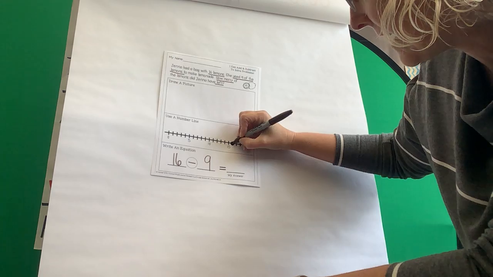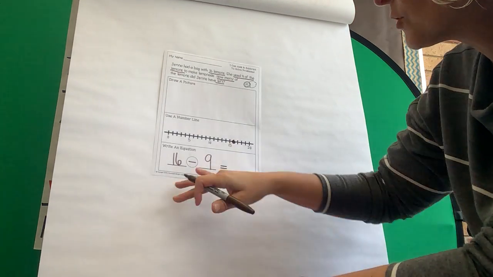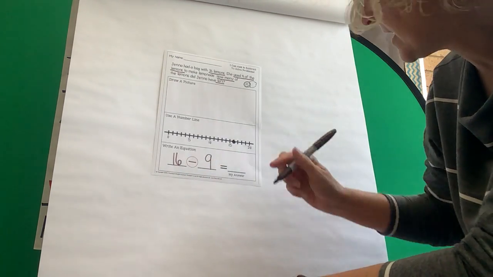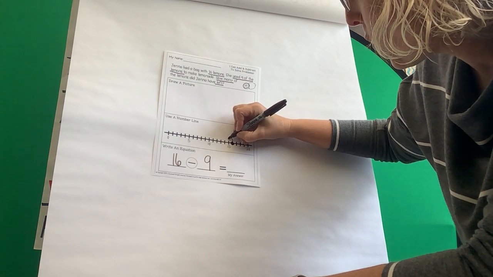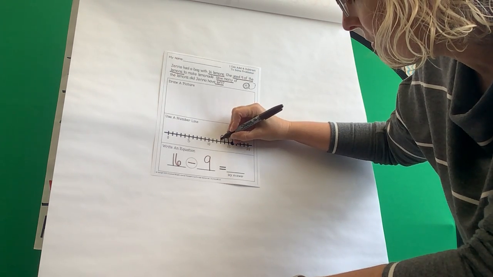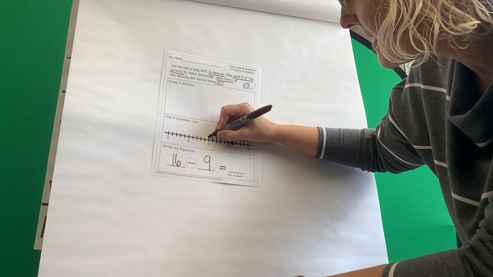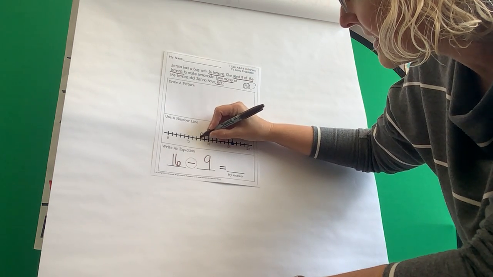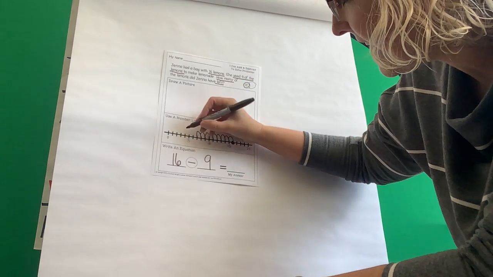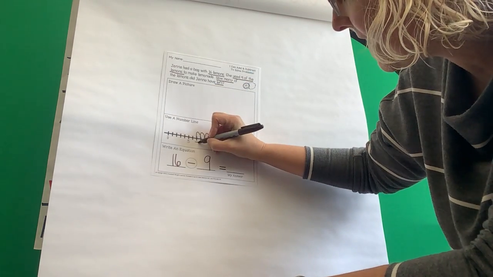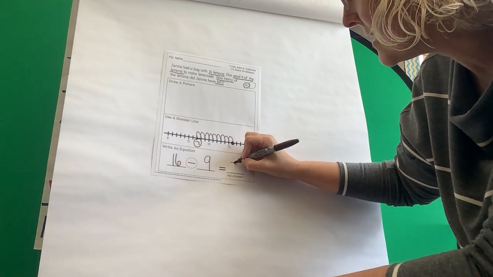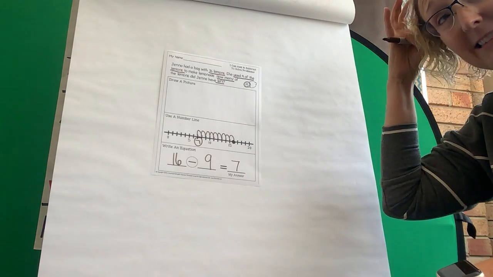I'm going to color that in, and I'm going to hop backwards 9 spaces. Count with me: 1, 2, 3, 4, 5, 6, 7, 8, 9. Where did I land? I landed on 7. So 16 minus 9 is 7.